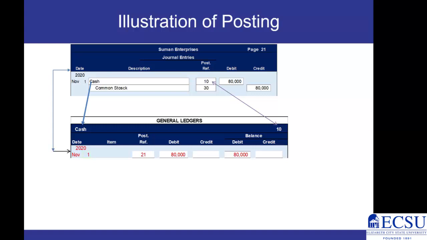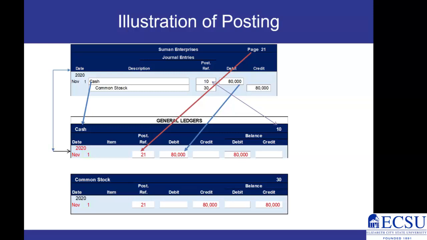You can see the date is November 1st, the posting reference is 21 in the journal, and the amount is 80,000 debit. Since this is an asset account, it will also have a debit balance. That's how we do the first one.